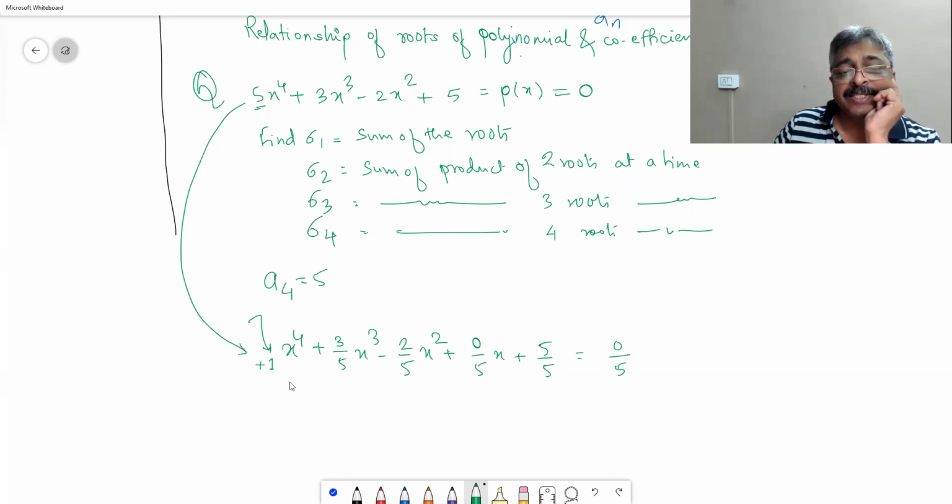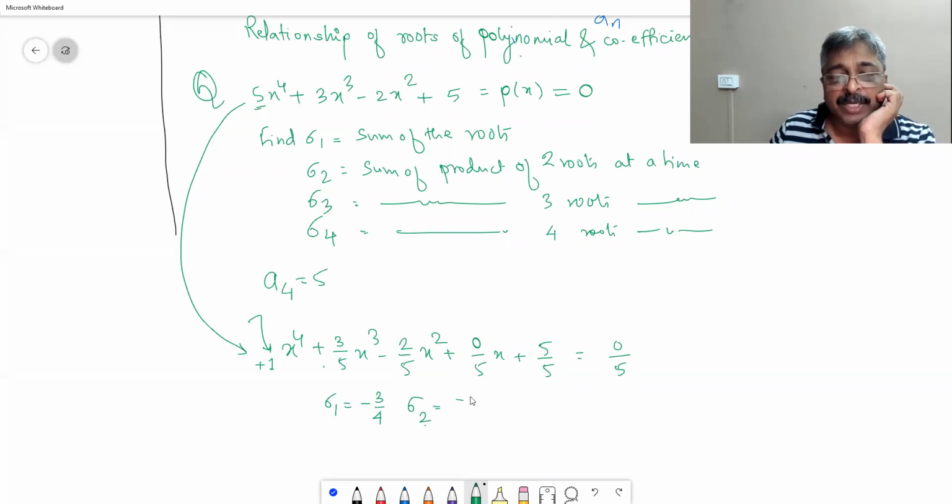So we can visualize this, and then sigma 1 has a minus sign: minus 3 by 5. Sigma 2, because 2 is even, it is plus, so minus 2 by 5. Sigma 3 is minus 0, that is 0. And sigma 4 is plus 1. So what is sigma 4 here? It is the product of the roots, all the roots multiplied to each other.